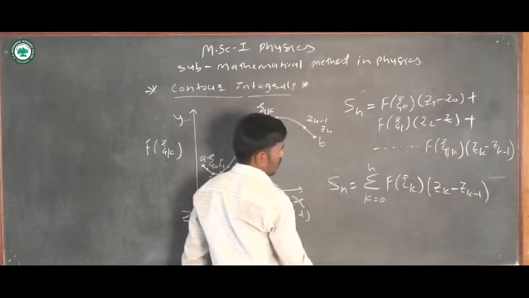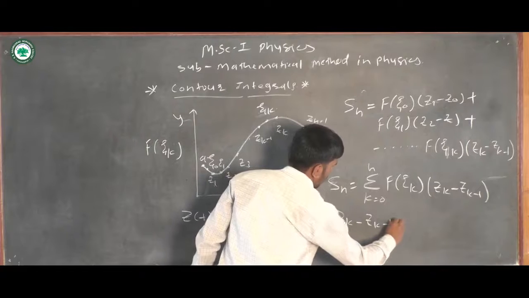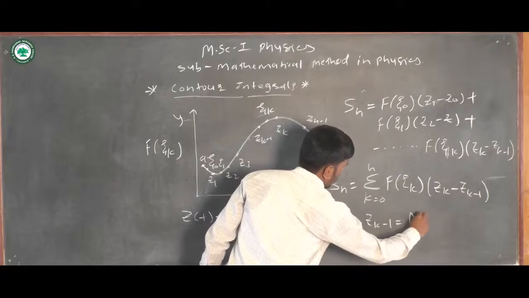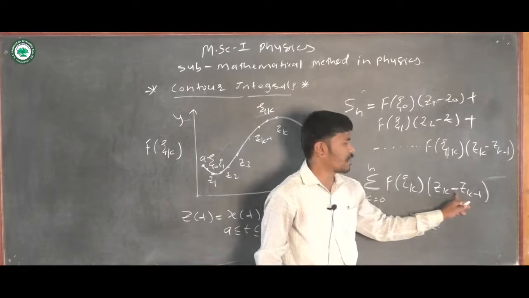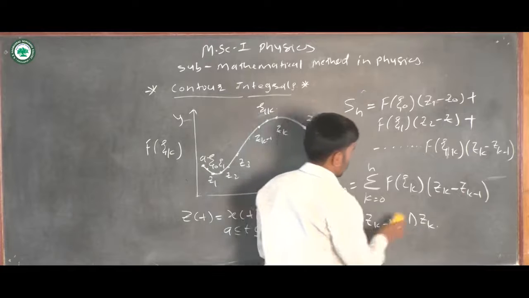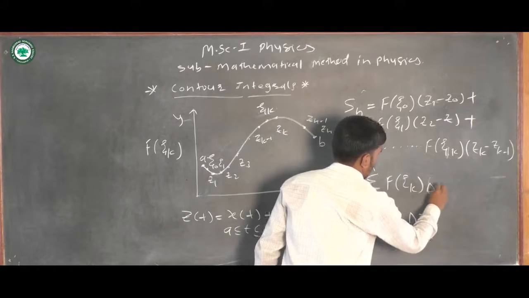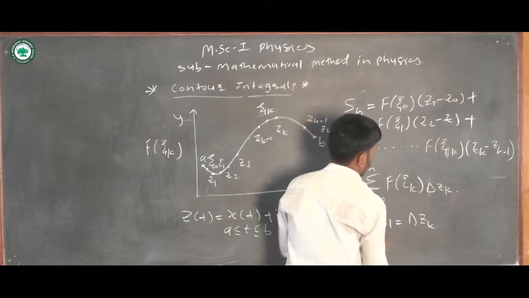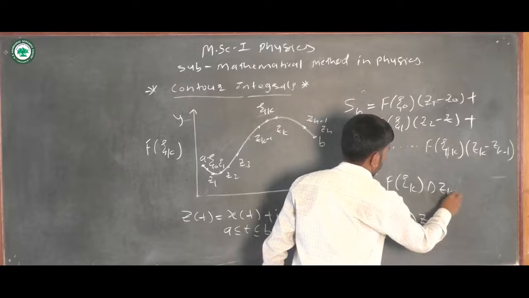Okay, so zk minus zk minus 1 is equal to del zk, so we replace these things with del zk.